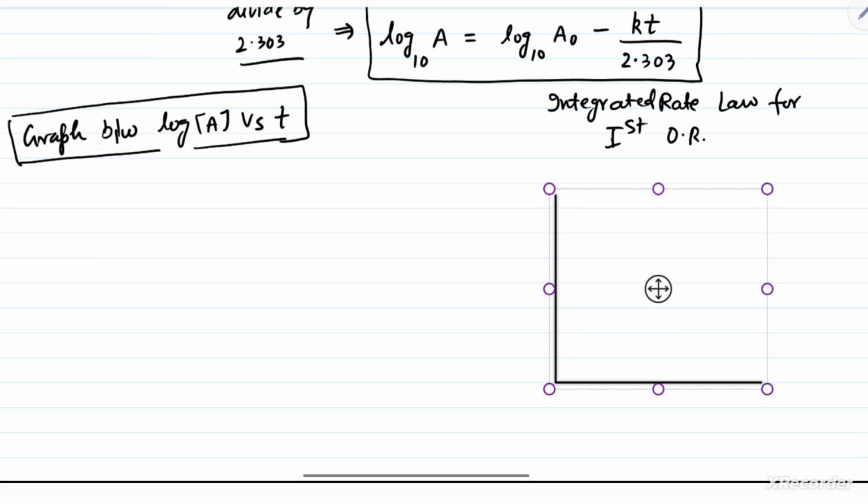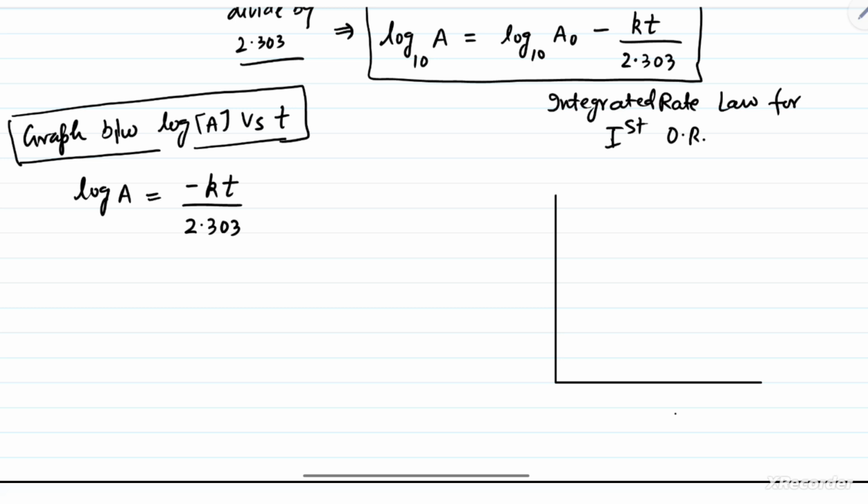So write the same equation again: log A is equal to, rearranging this one, minus kt by 2.303 plus log A naught.